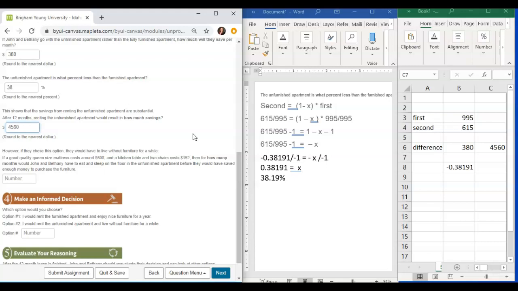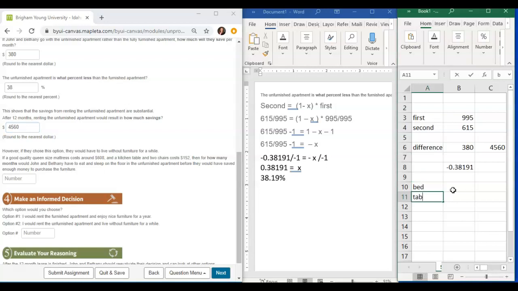Okay, moving to the next one. However, if they do choose this option, they would have to live without furniture for a while. If a good quality queen-size mattress costs around $608, a kitchen table and 2 chairs cost $152, then for how many months would John and Bethany have to eat and sleep on the floor in the unfurnished apartment before they have saved enough money to purchase the furniture? So here we have 608, 152, so we'll write that over here.